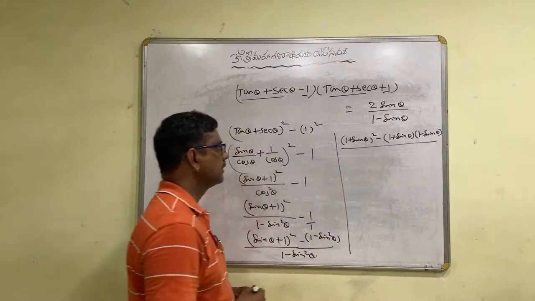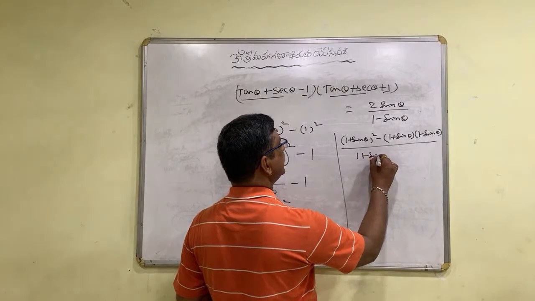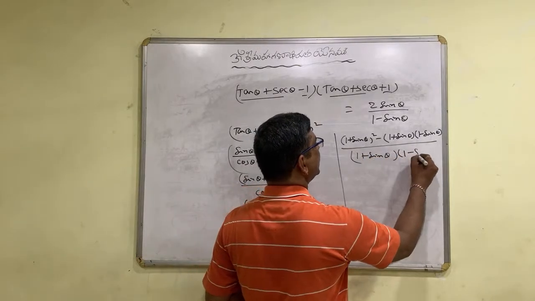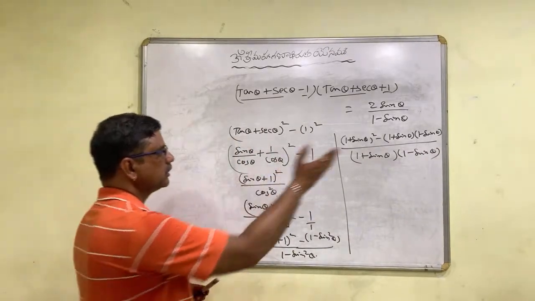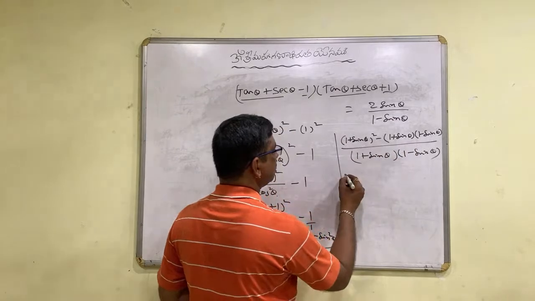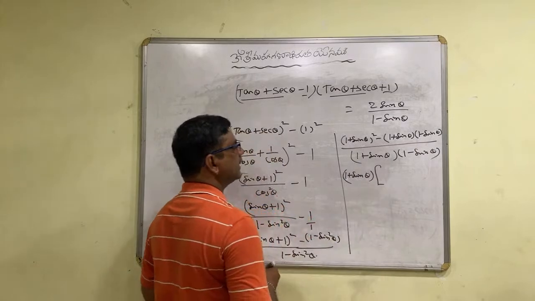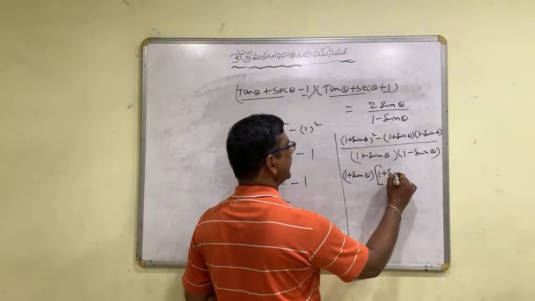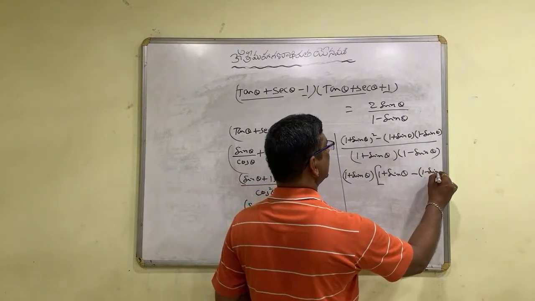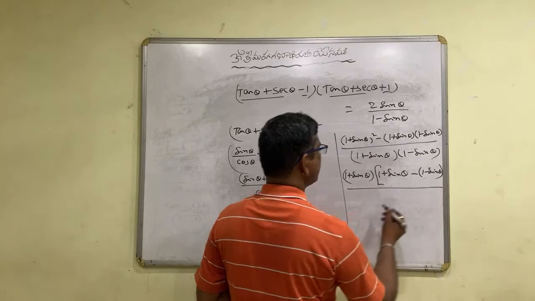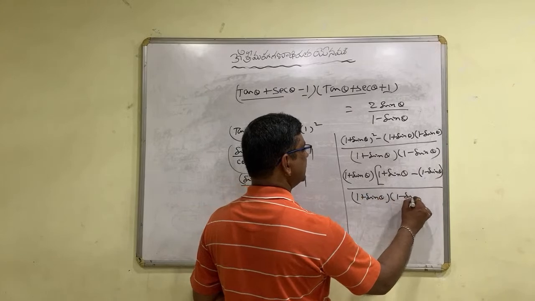So we have (1 plus sine theta) whole square minus 1 plus sine theta into 1 minus sine theta, by 1 plus sine theta into 1 minus sine theta. Now in the numerator I will take 1 plus sine theta common, and remaining is 1 plus sine theta minus 1 minus sine theta, by 1 plus sine theta into 1 minus sine theta.